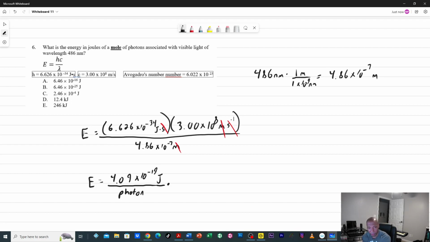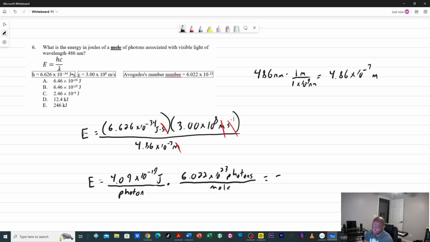So in this case, I'm going to say 6.022 times 10 to the 23rd photons per mole. Now, of course, photons cancel out, and I'm going to be left with joules per mole. So 4.09 times 10 to the -19 times 6.022 times 10 to the 23rd.